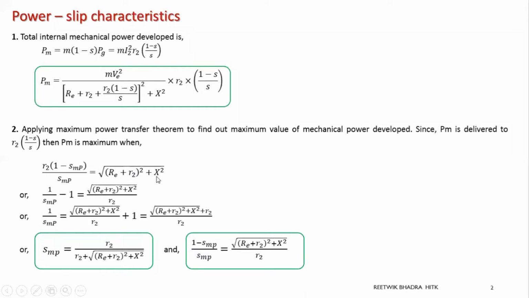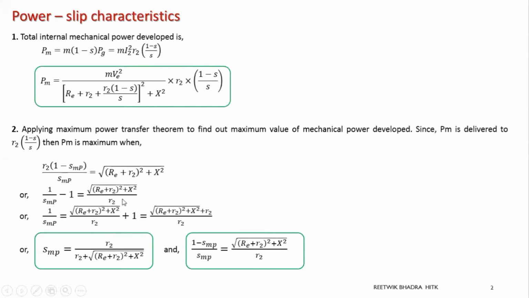Now from here, bring R2 to the denominator, so the right hand side becomes the square root term divided by R2. If you divide (1 minus SMP) by SMP, the first term is 1 by SMP, SMP by SMP gives 1, and there is a minus sign, so minus 1. So 1 by SMP minus 1 is equal to this term.